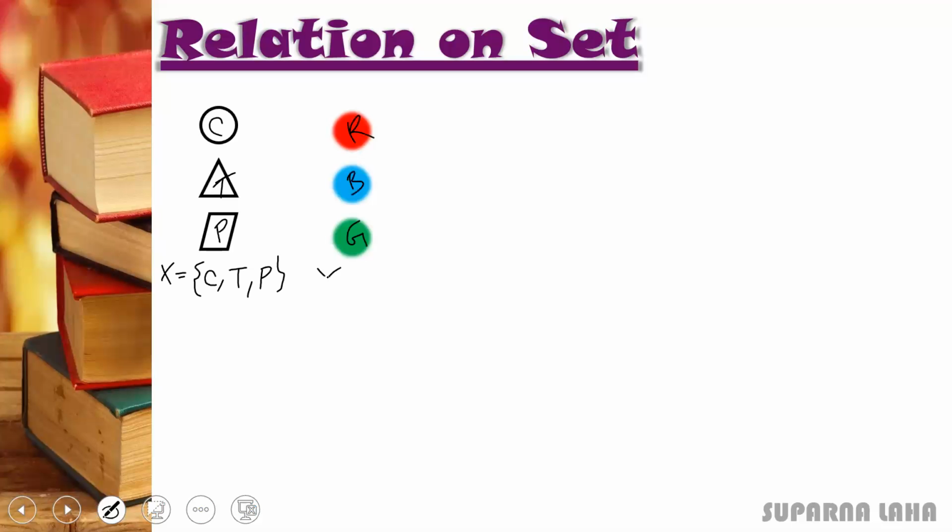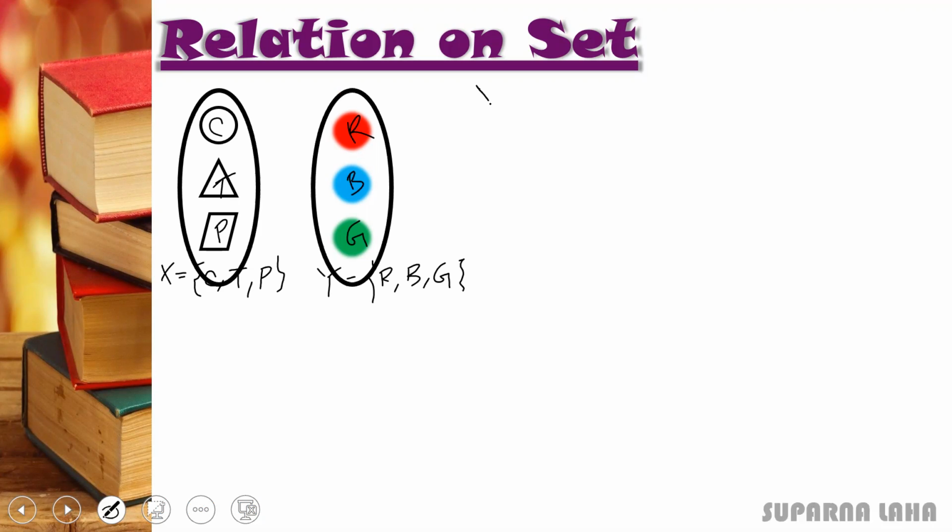So the members of Y are R, B, G. Okay, so these are two sets, X and Y. Now what is X cross Y? You all know that this is the Cartesian product.